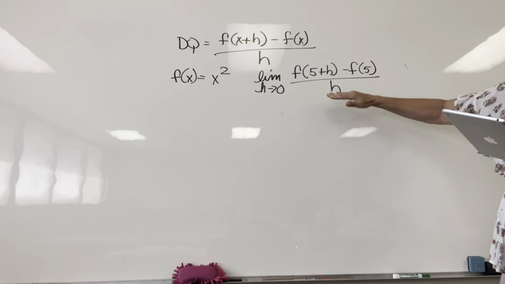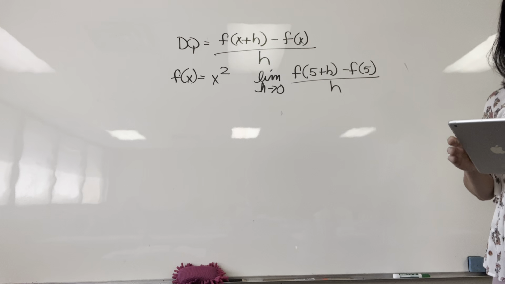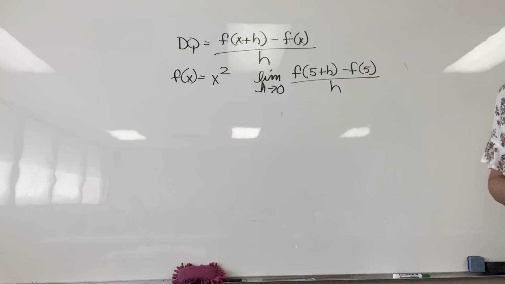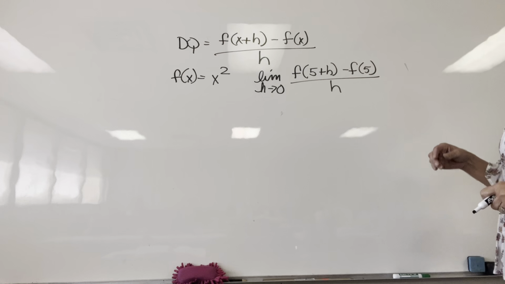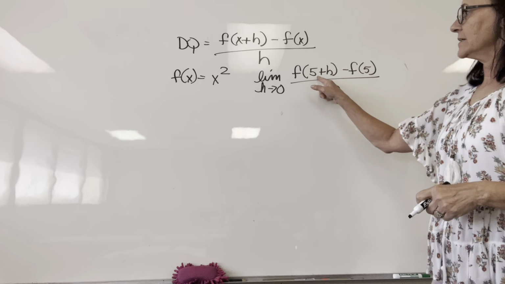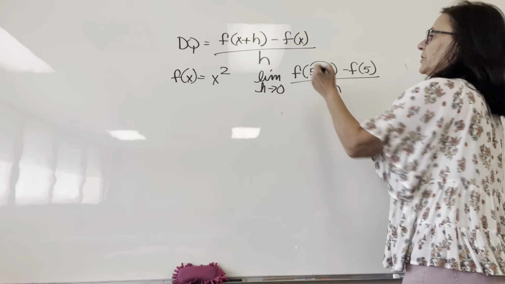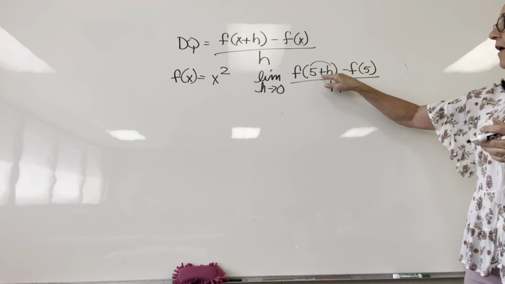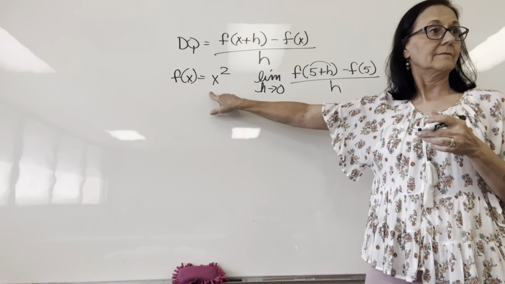Well, is this function defined where h equals 0? No, it's not. All right, but I'm going to do this with this function. What does this tell me to do? Plug in 5 plus h where x is.